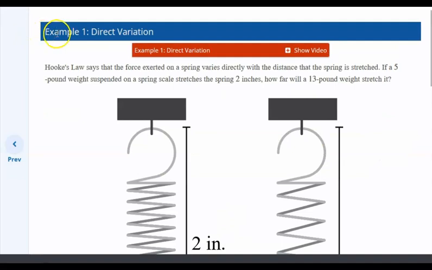So in your notes, example 1, Hooke's law says that the force exerted on a spring varies directly. So if you see that and they're saying varies directly, right away you should think of the formula y equals kx. That would be the general form of direct variation.